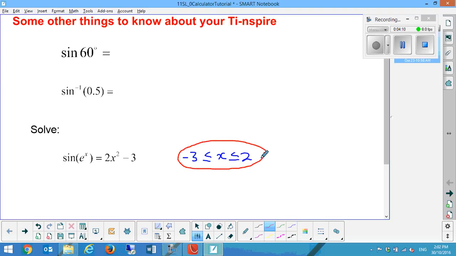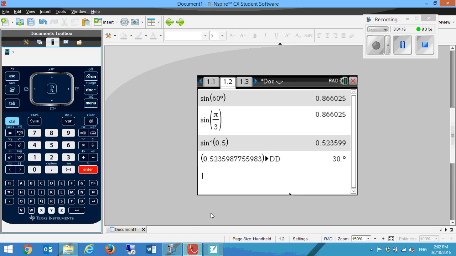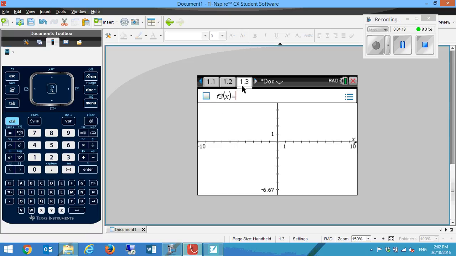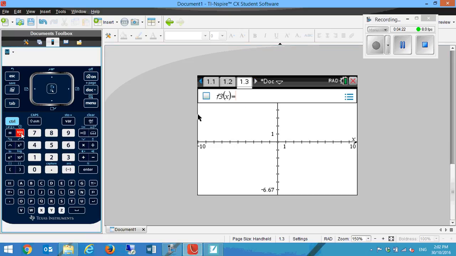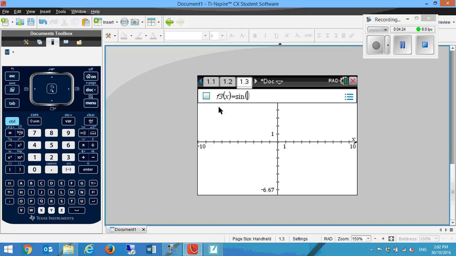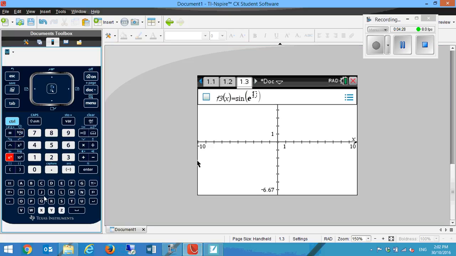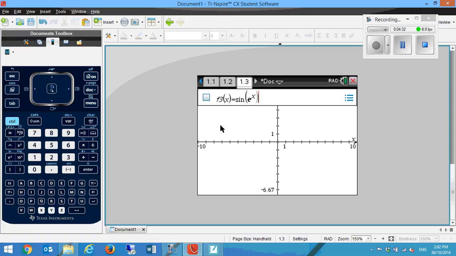There's another way of doing that, which some of you already know about, and it's your call which way you want to work with this. So let's go to my graphing page. If I want to put in sine of e to the x, and next function, we're going to go enter.